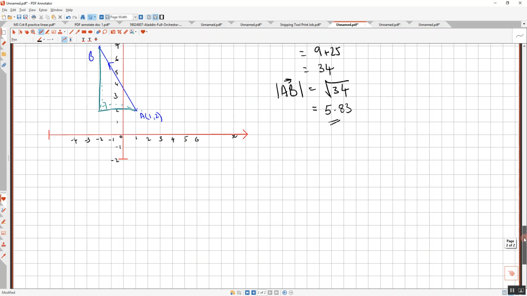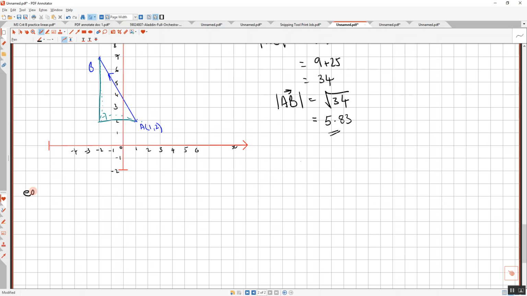Okay, what about this one? Point A has position vector 3, 2.